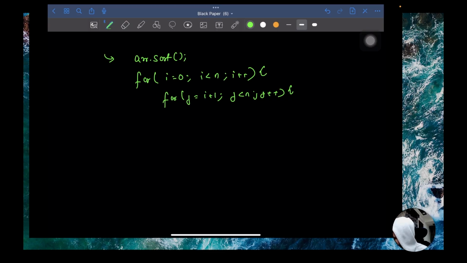Now, sum is what? A of i plus A of j. Right. You calculate the upper bound. So k is equals to upper bound of a comma.